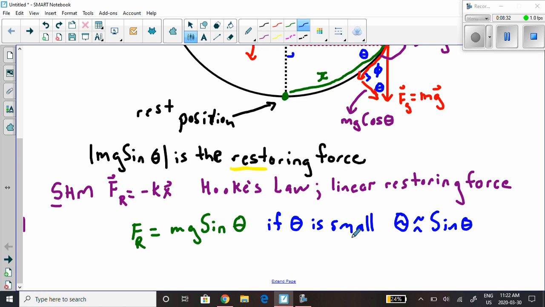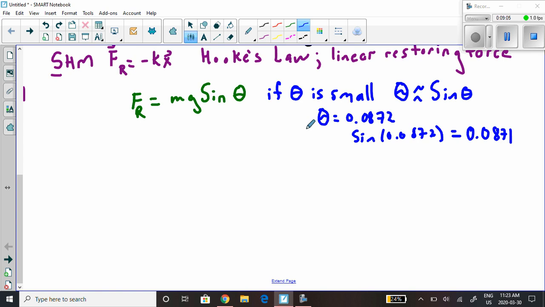For example, let's say theta is equal to 0.0872 radians. If you find the sine of 0.0872 radians, you get 0.0871. That's practically identical if theta is small.